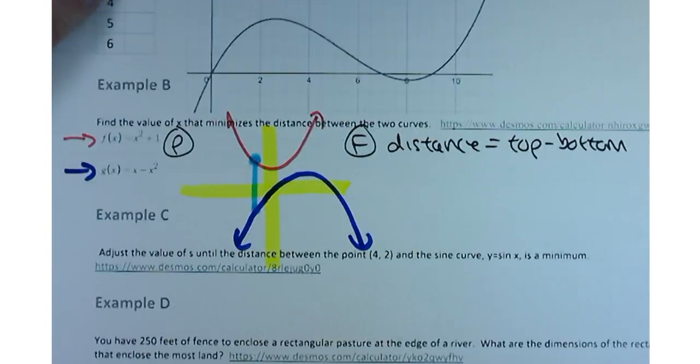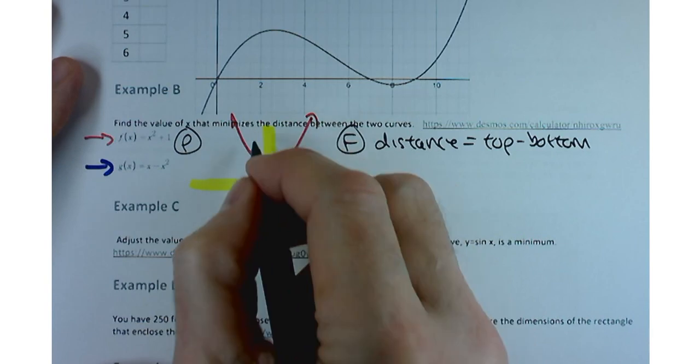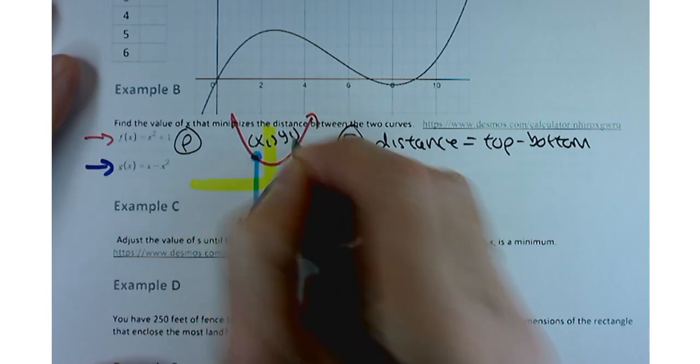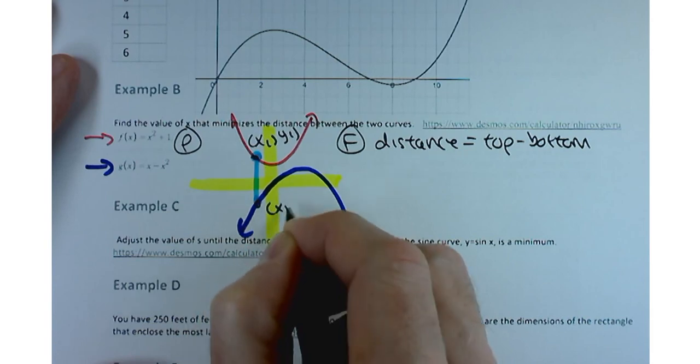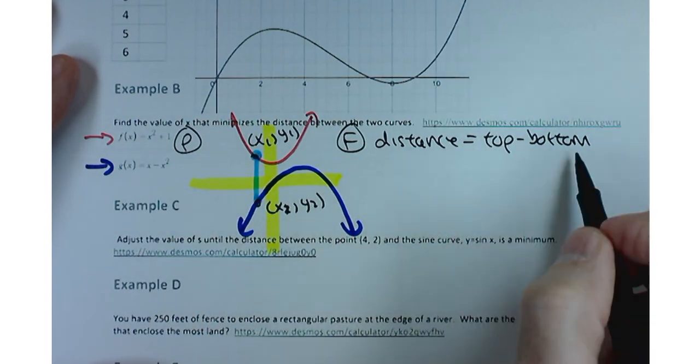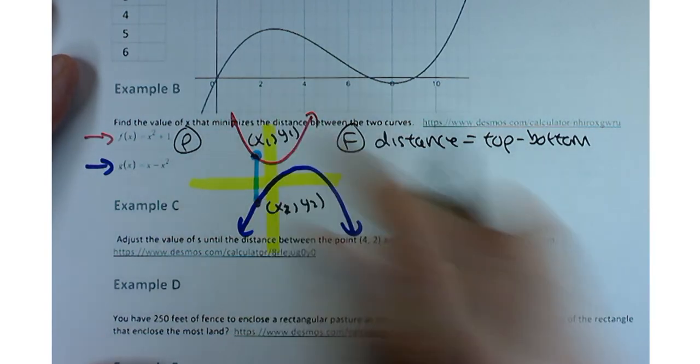Now, there's nothing wrong with starting out in words and then working towards figuring out an actual function. This coordinate, we can call x1, y1. This coordinate, maybe we'll call it x2 and y2. But top minus bottom is just y2 minus y1.